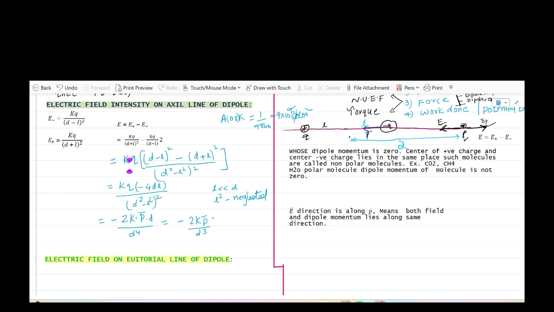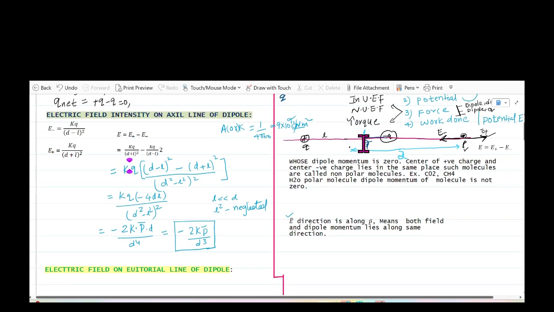So this is the field due to a dipole on an axial point at distance D, the distance from the center of the dipole to the point where you have to find the field. And the minus indicates it will be in the direction of the negative x-axis. So the direction of E is along P, meaning both field and dipole moment lie along the same direction when the field is on the axial line.